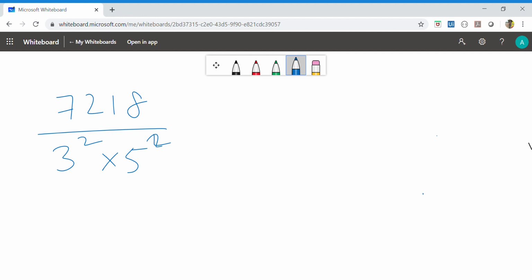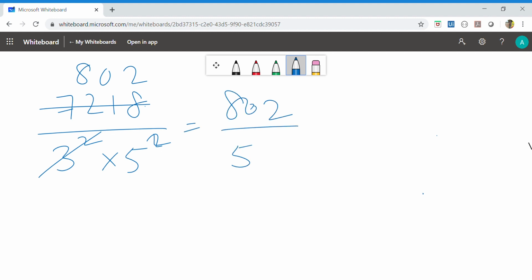So without actual division, first what will you see? The denominator should be in the form of 2 to the power of m into 5 to the power of n. Here 3 square is there, but the numerator is a multiple of 9, so you can cancel with 9. 9 eights are 72, and 9 into 802 is 7218. So it becomes 802 by 5 square.